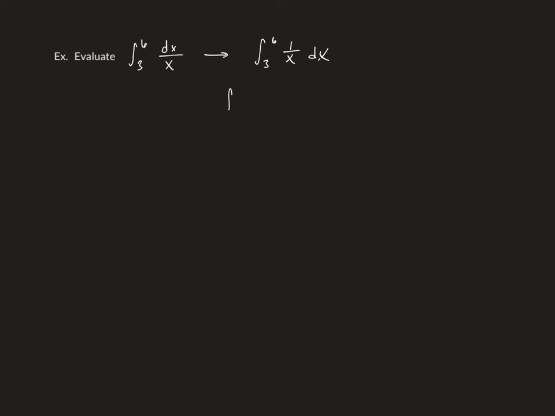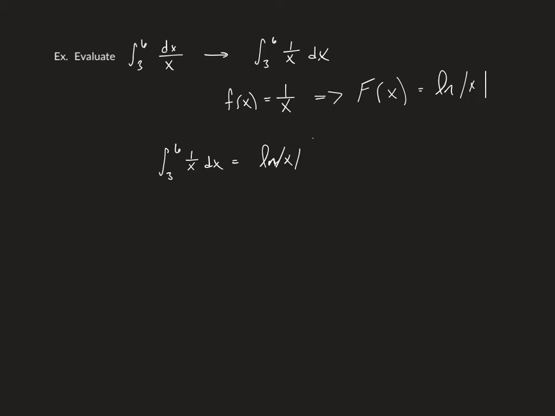So our function is 1 over x, meaning our antiderivative is ln of x. Okay. So now we can rewrite that integral as ln of x from 3 to 6. So I just need to plug in each of those values.